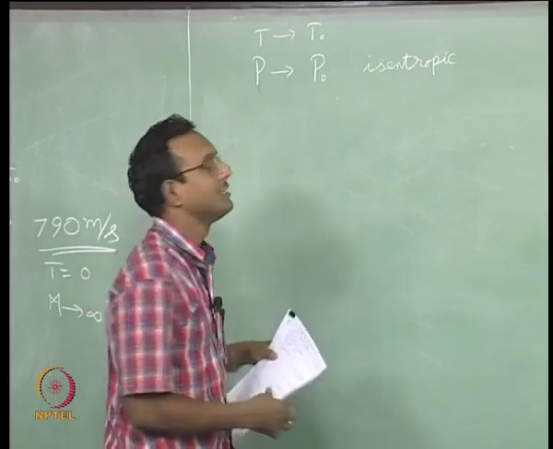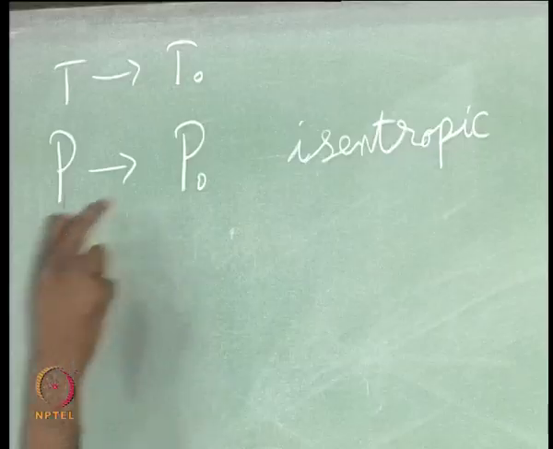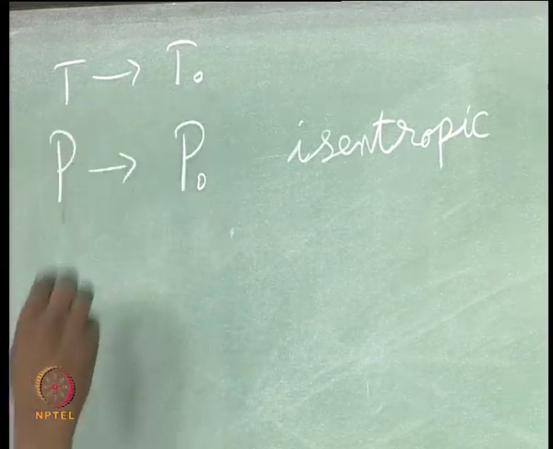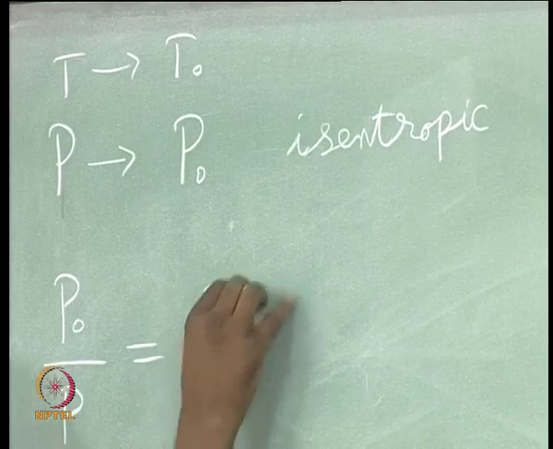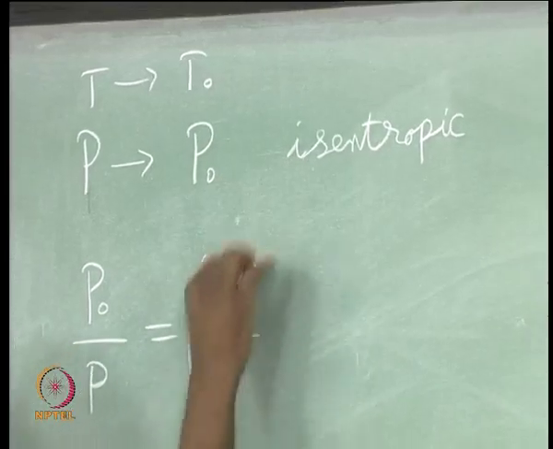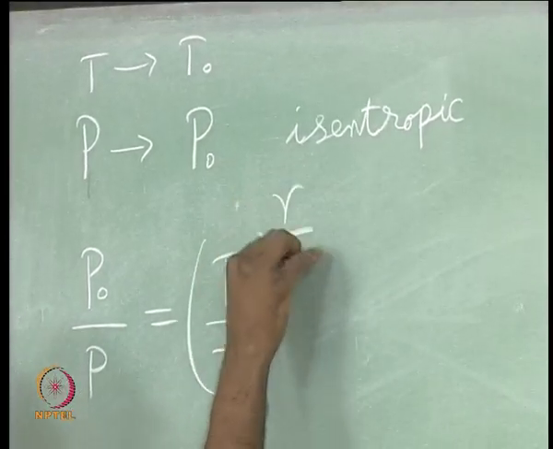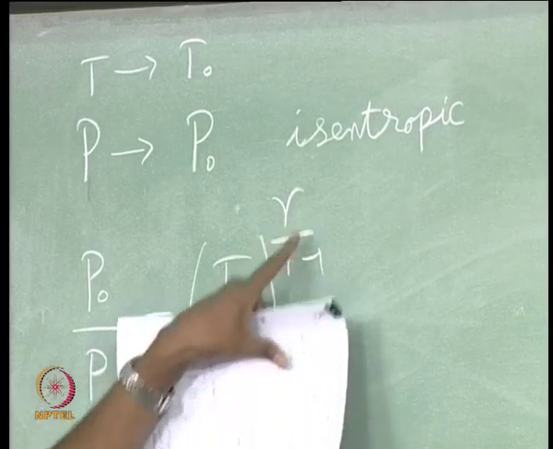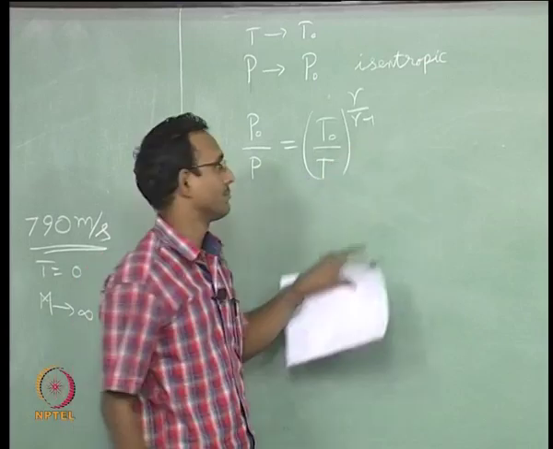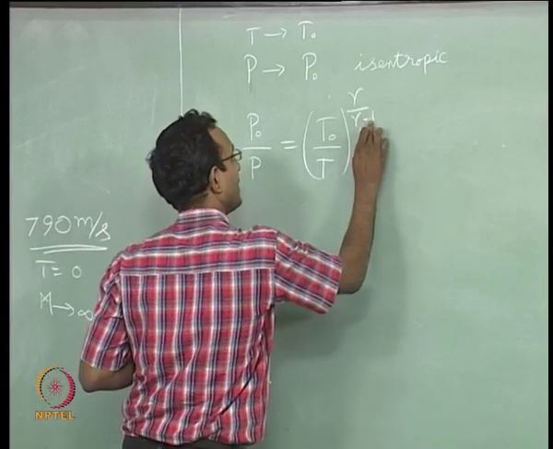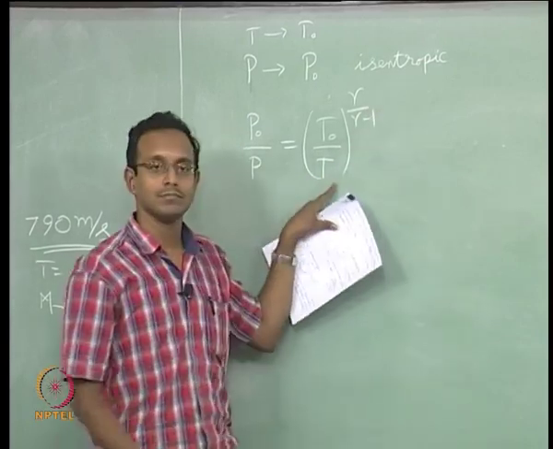If this is the case, now I can write a relation for this process in terms of T. Actually it should be Cp by R, which I am replacing by gamma minus 1, okay. I am getting this form. How did I get this? Where did I get this from?